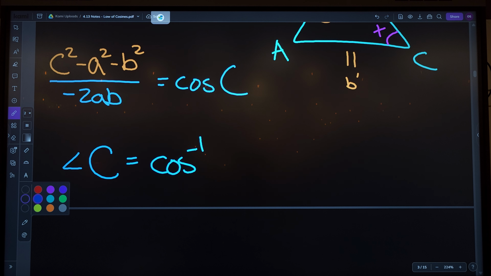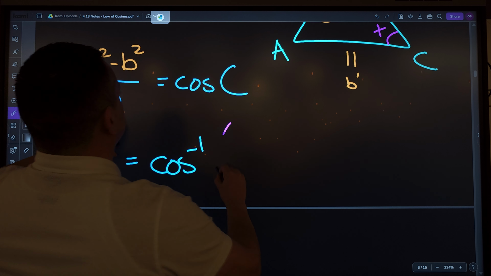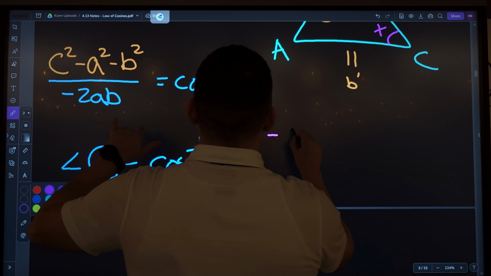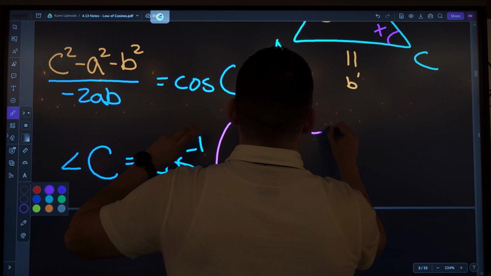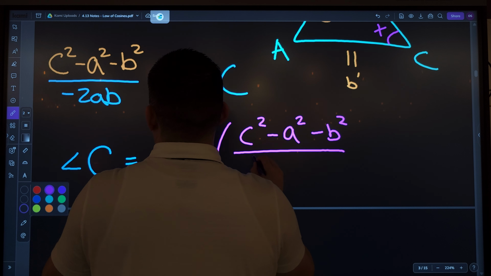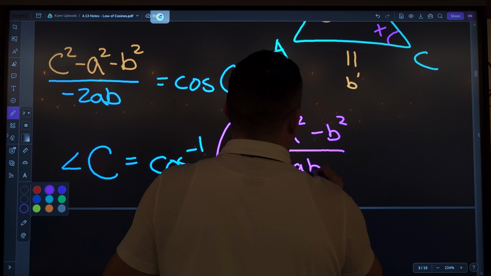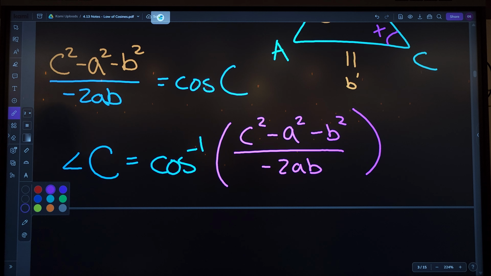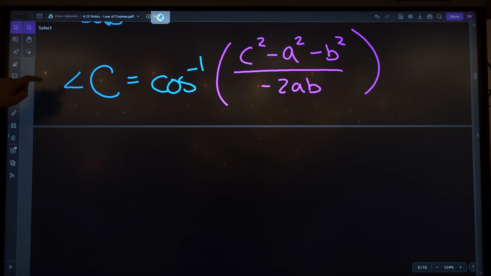That's how you split the cosine from the angle. Of what? Of all that stuff. Of all this. Now you've solved that formula for what you needed, angle C.